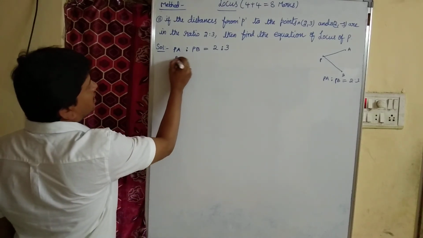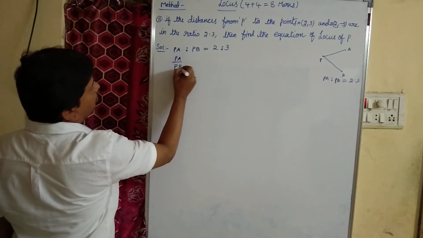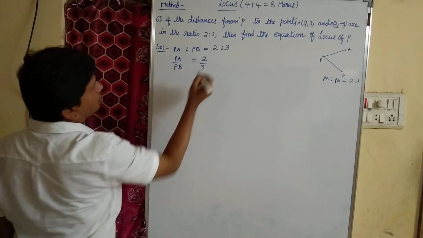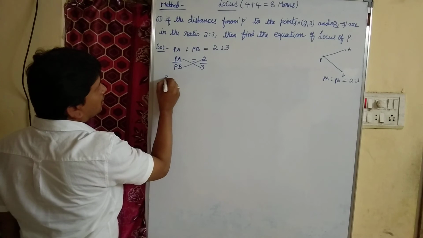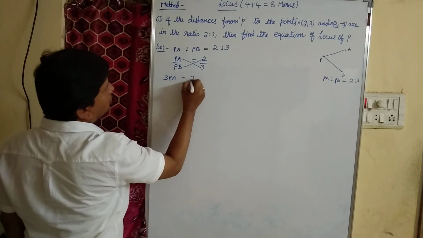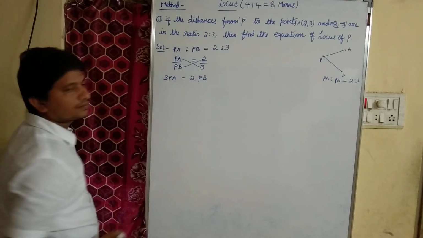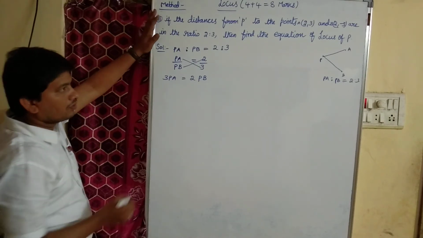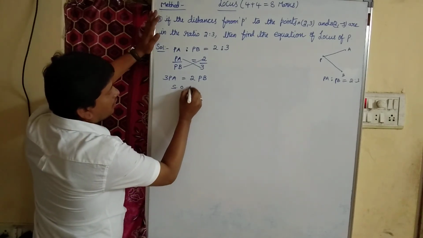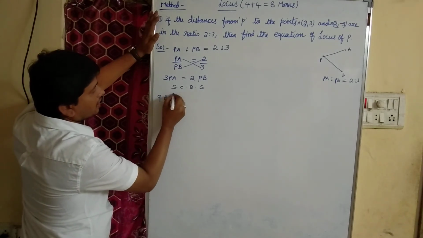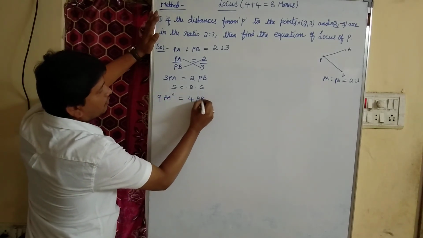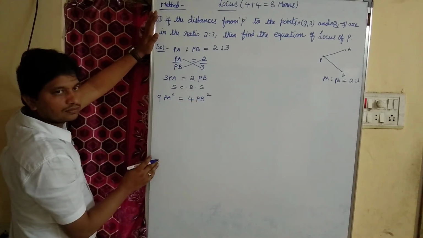How can I write this? PA by PB equal to 2/3. So cross multiplication, 3 into PA equal to 2 into PB. What we will do, children? Let us do squaring on both sides. So this will become 9PA square equal to 4PB square. Right?